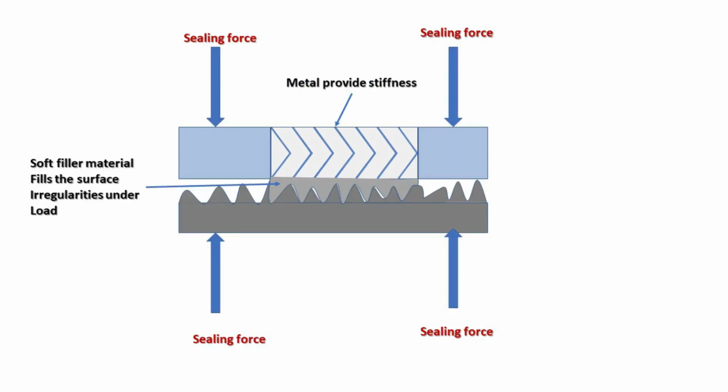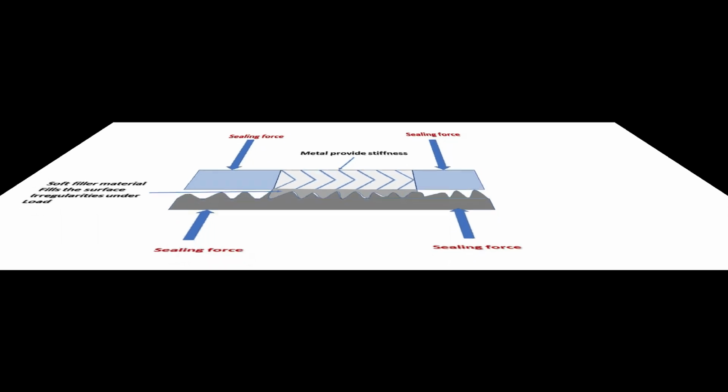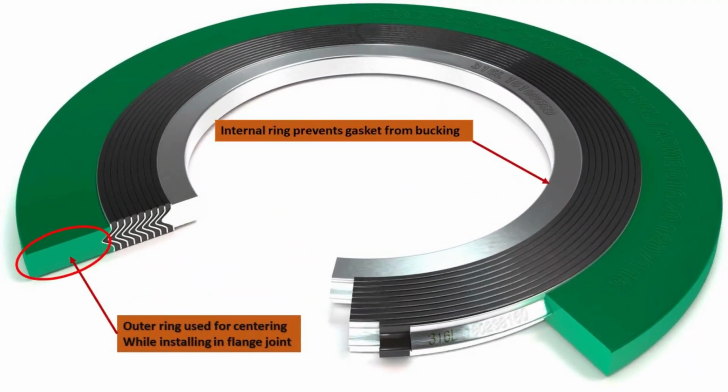The flexibility of the spiral winding provides improved sealing force retention during cyclic operation compared with a flat face gasket. The outer ring is used for centering and the internal ring is used as an additional compression limiting stop. The internal ring prevents the gasket from buckling. It also serves as a barrier to protect the gasket from heat, corrosion and erosion.